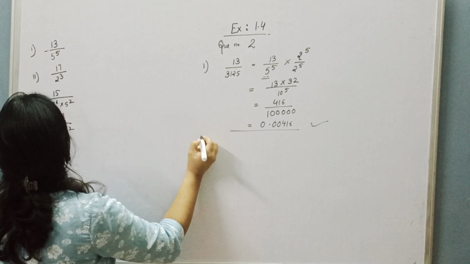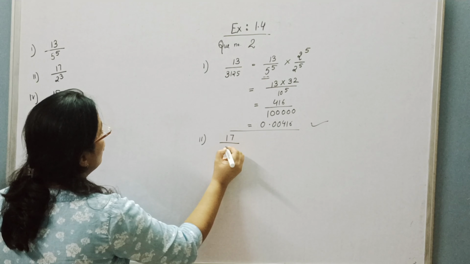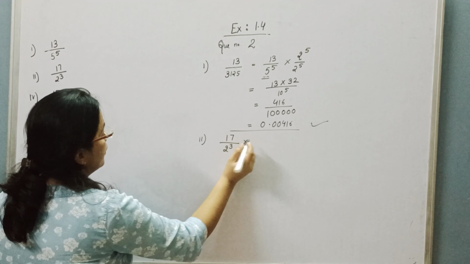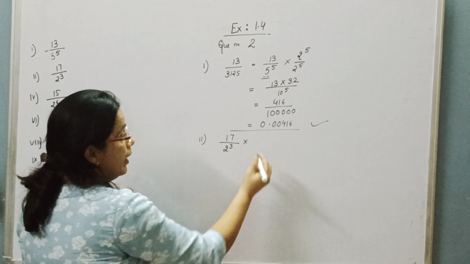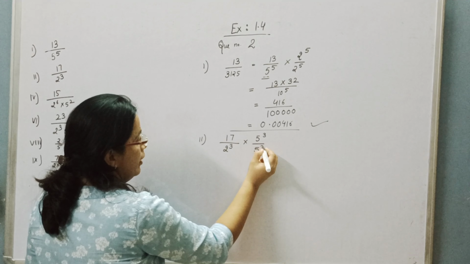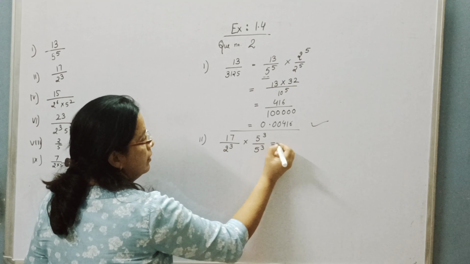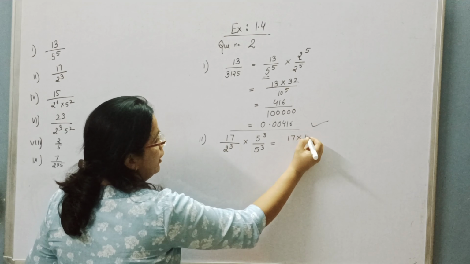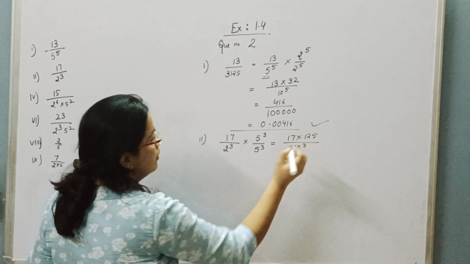In the same way, part number 2 is 17 upon 2 raised to power 3. Now here it is given 2 raised to power 3, so we will multiply by 5 raised to power 3. Both 2 and 5 should have the same power. So 17 into 125 over 10 raised to power 3.